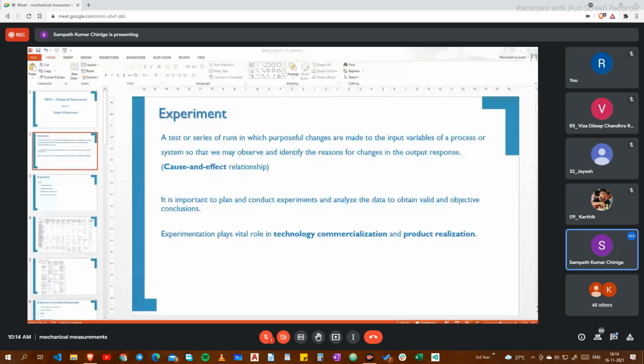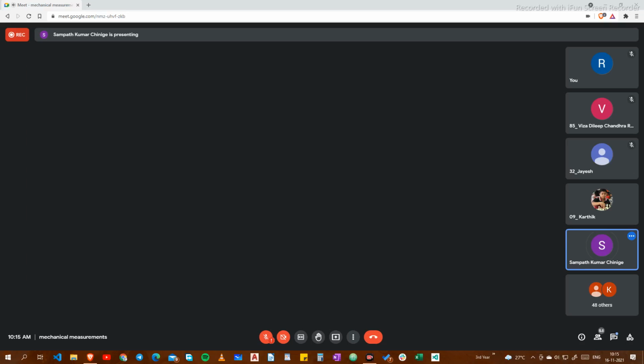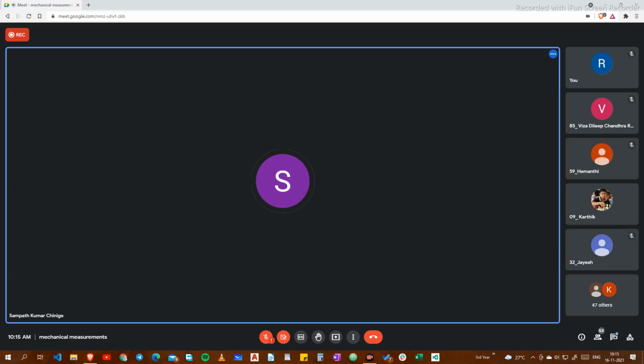Now, is there any change? No, sir. Same experiment page. So I have to share the screen only. I don't know why this window thing is not working. Even in a window, it has to work.